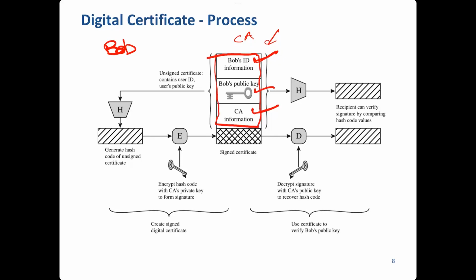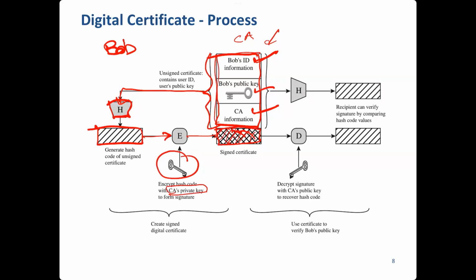This is in plain text, and all he does is compute a hash of this. You get this one hash code, and then he will sign it using his own private key. So this becomes the signature, which of course depends on all these contents.